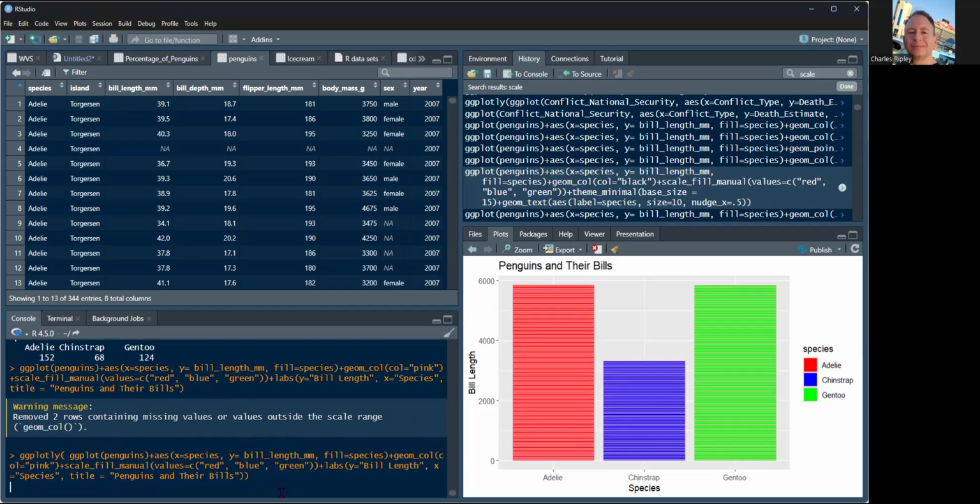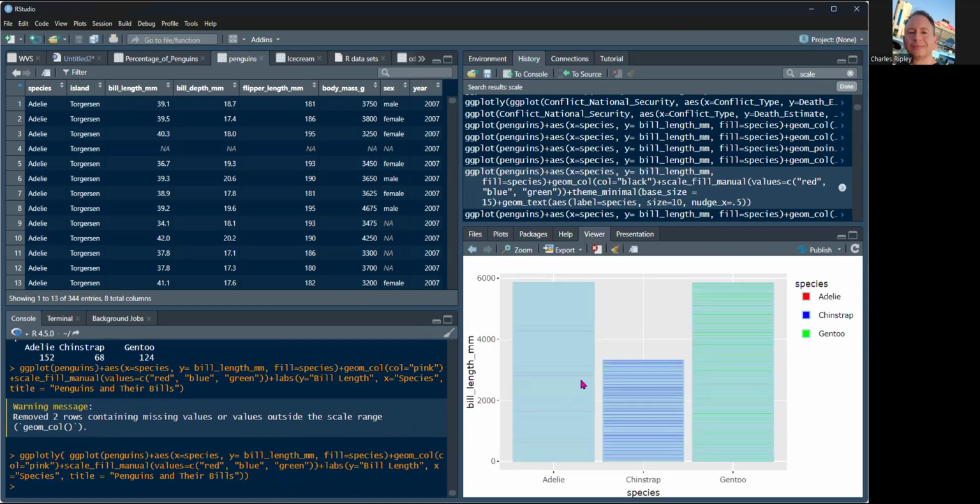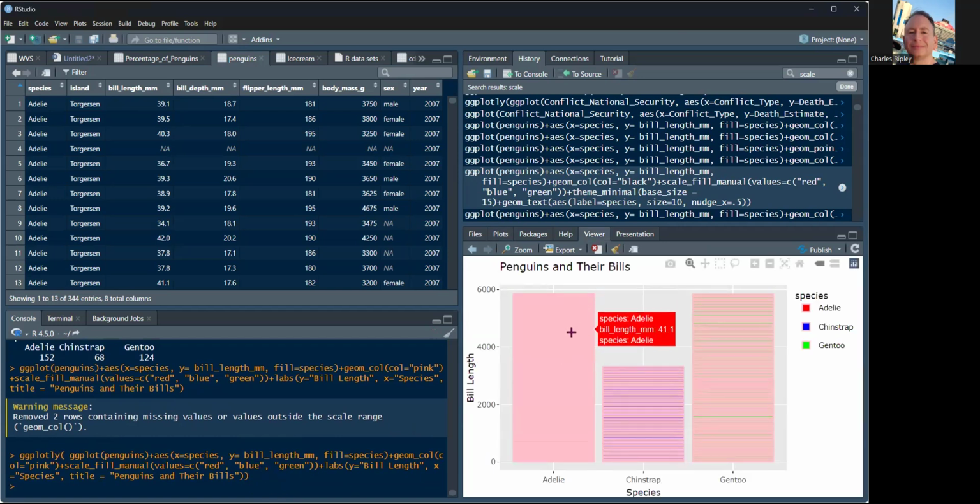The colors get screwed up when you do this, but it's still interactive. See how the colors are now? It's like all pink. Anyways, this is the bill length of each one. You start looking at the overall bill. That makes it interactive. So again, ggplotly makes it interactive.